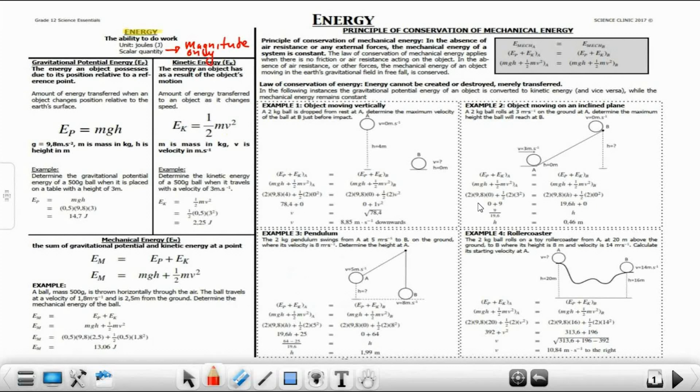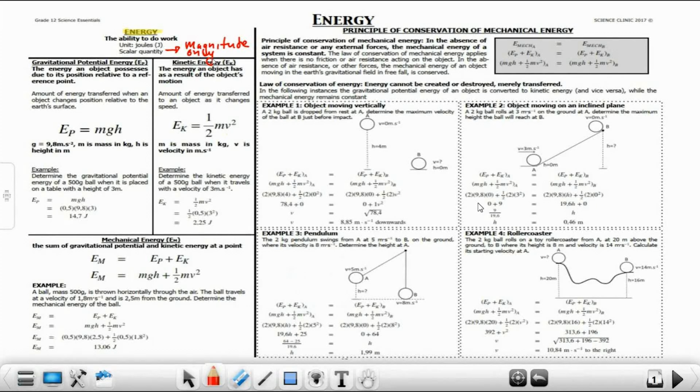So there will never be a point where I am expected to give direction for energy, because energy is just a scalar quantity. So remember, a scalar quantity is a physical quantity with magnitude only.